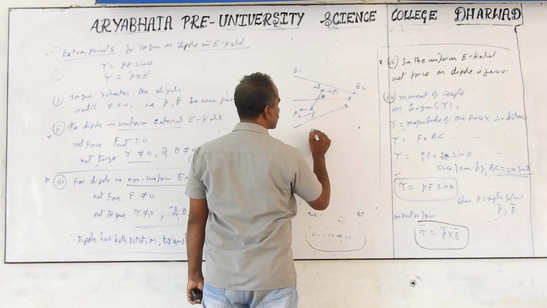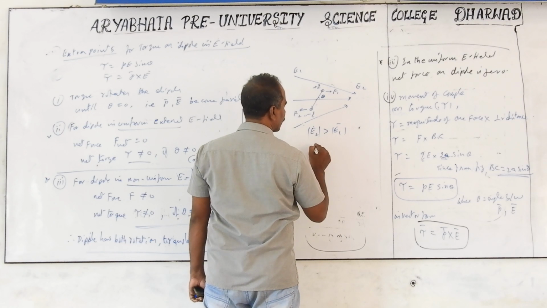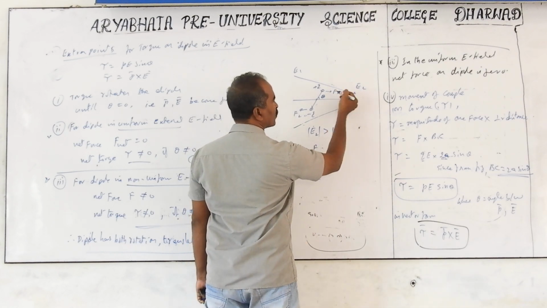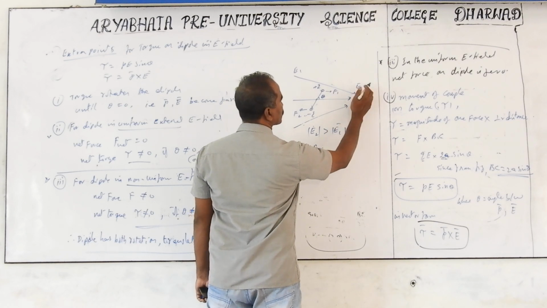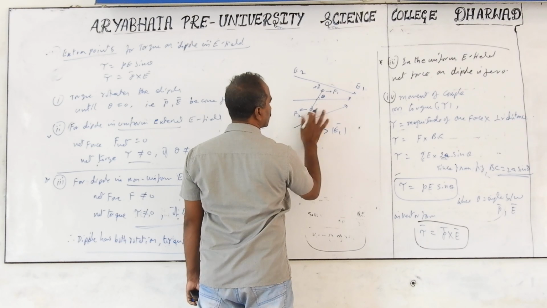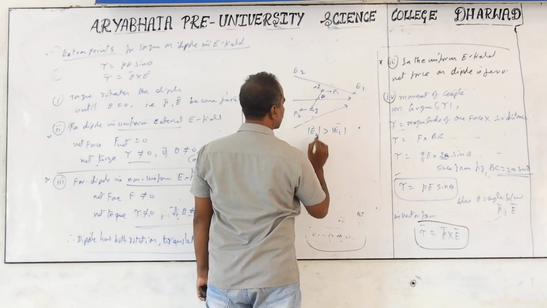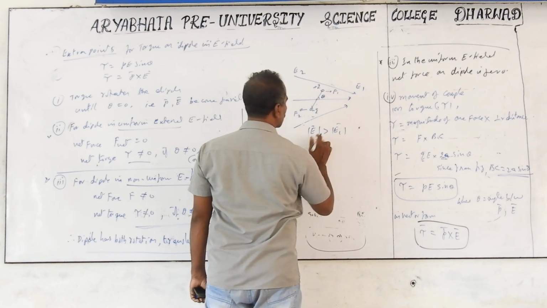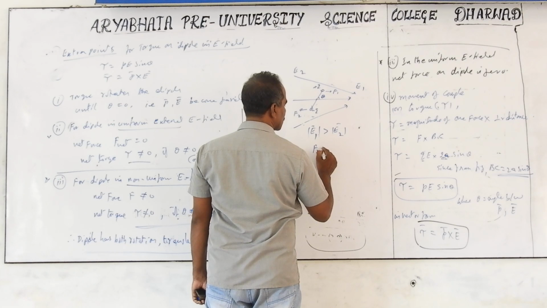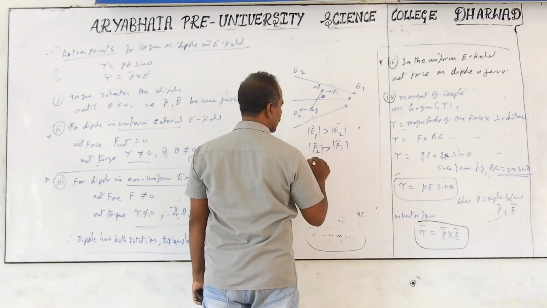E2 is greater than E1 in magnitude, and the force is F equal to QE. So if the electric field is more, the force is also more. So F2 is more than F1 in magnitude.